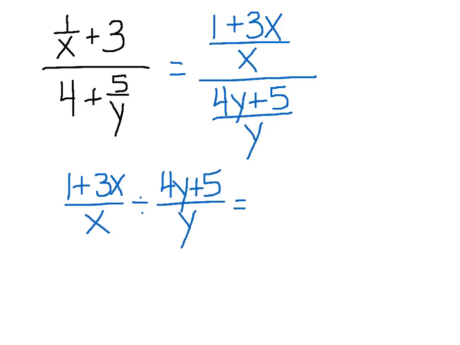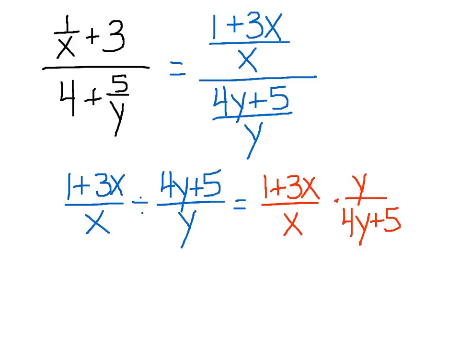Hopefully, as you get more practice with this, you're going to start to be able to do this faster and just say 1 plus 3x over x times y over 4y plus 5. So I'll sometimes write out all of this, sometimes I'll just skip to this step. I don't care how you do it as long as you get to this step in the end.